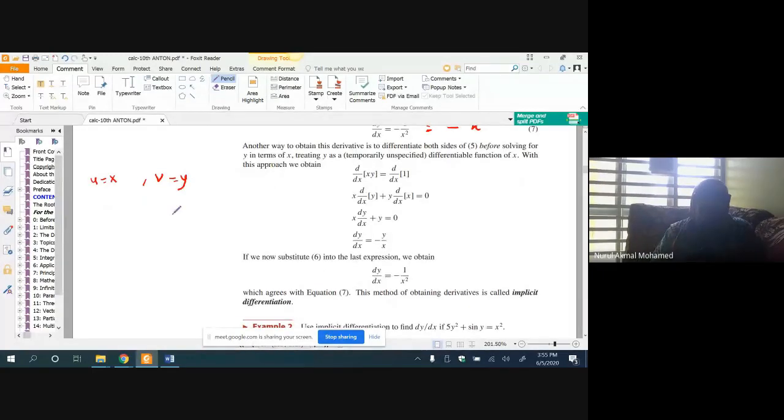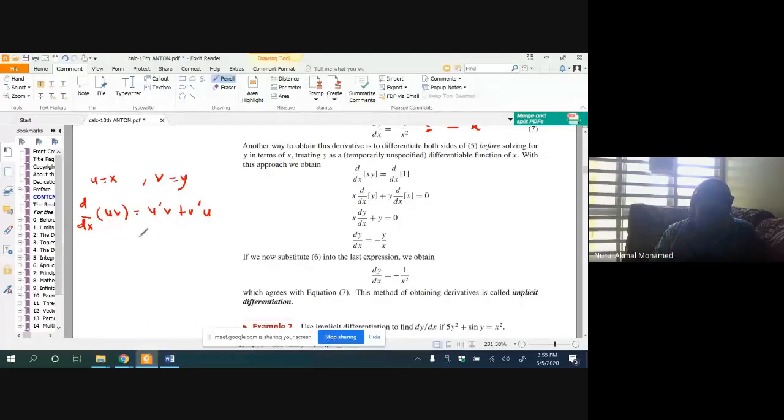So d/dx of u multiplied with v is equal to u prime v plus v prime u. Here u prime is u differentiated with respect to x, which means you differentiate x with respect to x, so you will get 1.